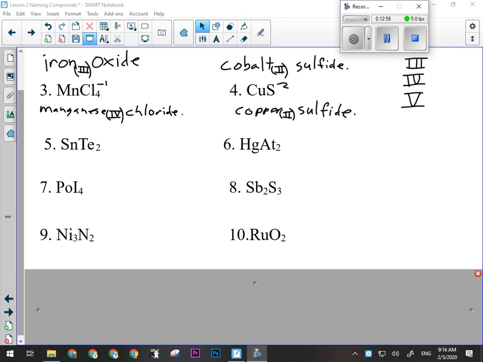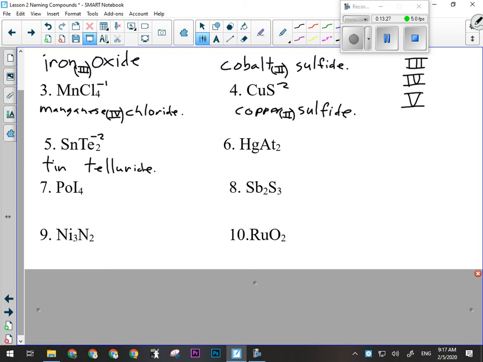Okay, so for number 5, we got Sn, which stands for what? Tin, right? And Te stands for tellurium, so we're going to have tin something telluride. Tin can be 2 or 4, right? What's the charge on tellurium? -2.